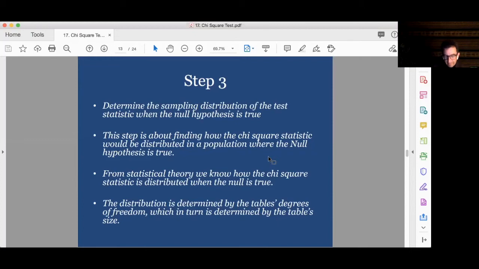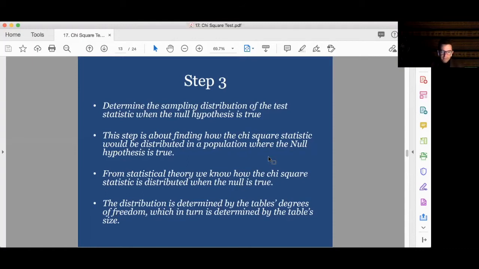Remember that in this step, we're looking at how the tables would be distributed if they were coming from a population where there's no relationship. We're doing this so that we can compare our own to that one, right? So this step is about finding how the chi-square statistic would be distributed if it was coming from a population where the null is true.